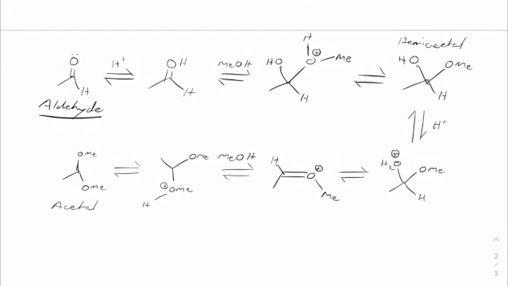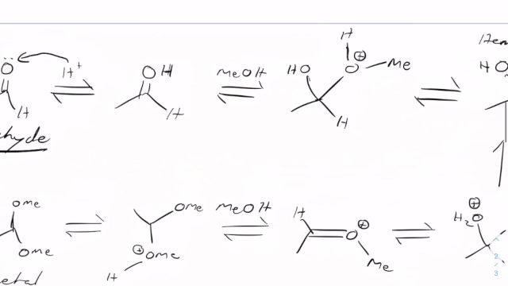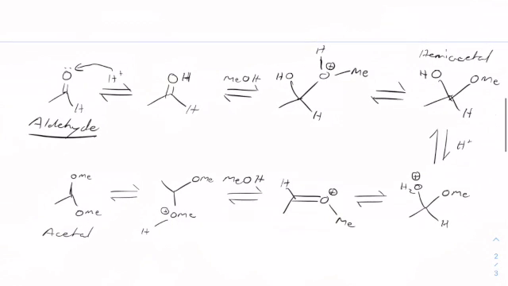So for this mechanism, we put it in the presence of H plus ions, and those ions are going to go onto that oxygen to create an OH group. Then we put it in the presence of methanol, and that methanol is going to come on and go onto the oxygen where those free electrons were, and then creates a positive charge here, and then that OH group gets pushed aside.